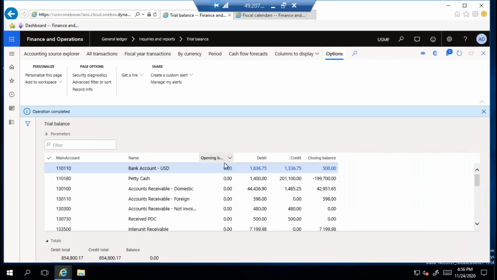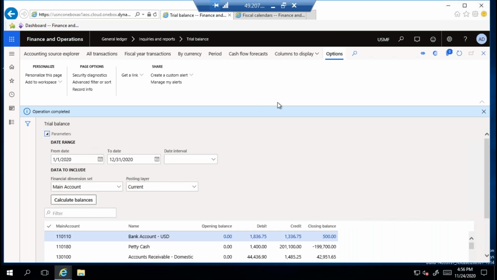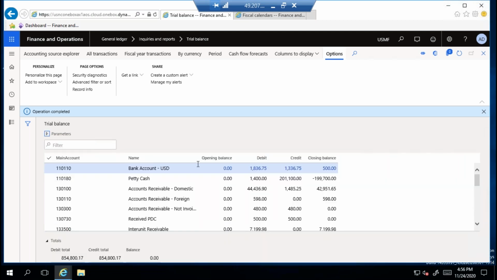In this, the financial year is USMF, January to December. If I have entered any transaction directly on January 1st, debit or credit, it will update here only. But the opening balance is, if you run the year-end process, then last year balances will be transferred here.